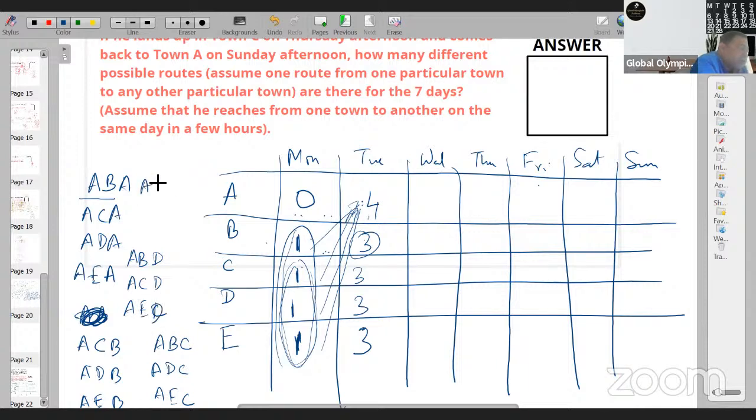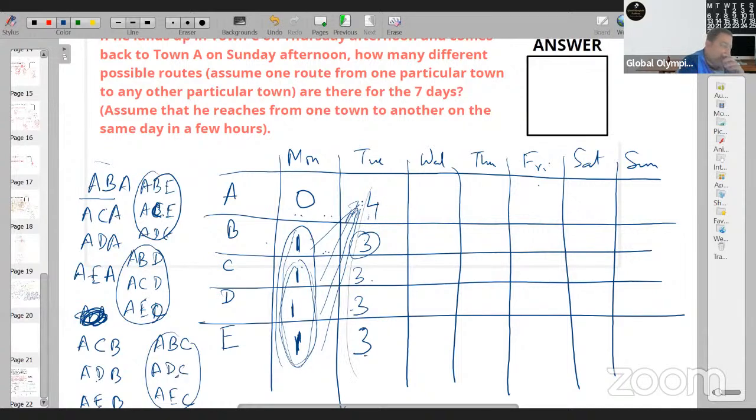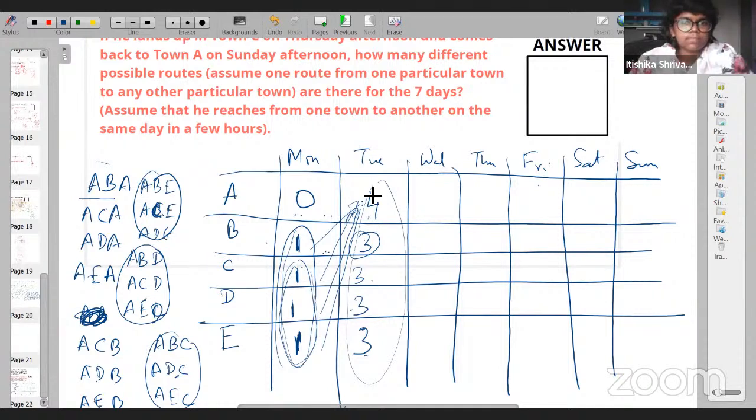And for E it will be ABE, ACE, and ADE. You notice that these three are for this one, these three are for this one. So now see how many combinations: 4 plus 3 plus 3 plus 3 plus 3. Correct? That's exactly what you see here also. These are all the different routes till Tuesday.